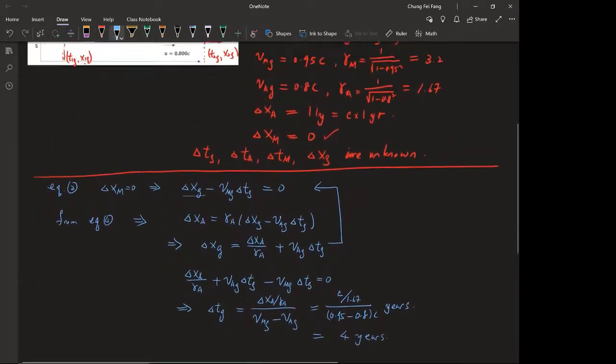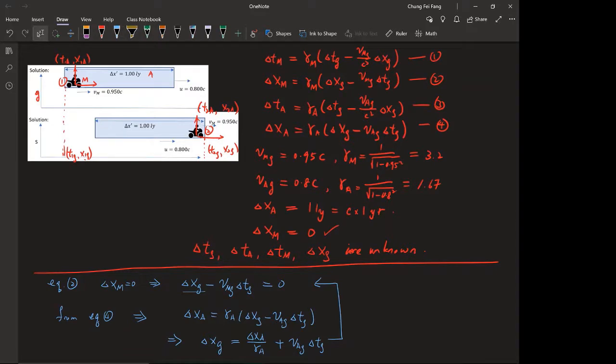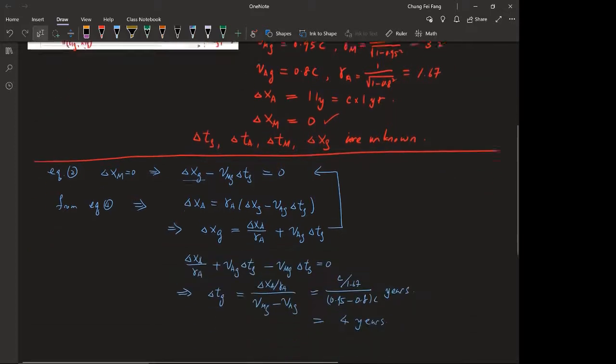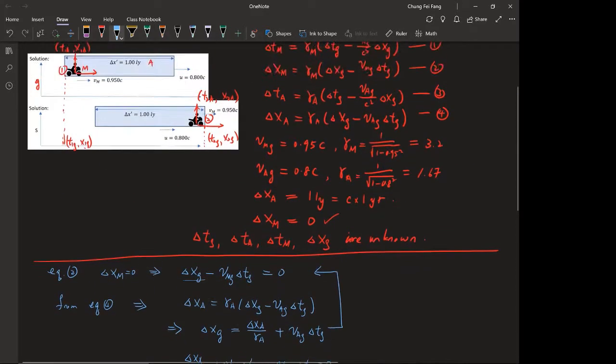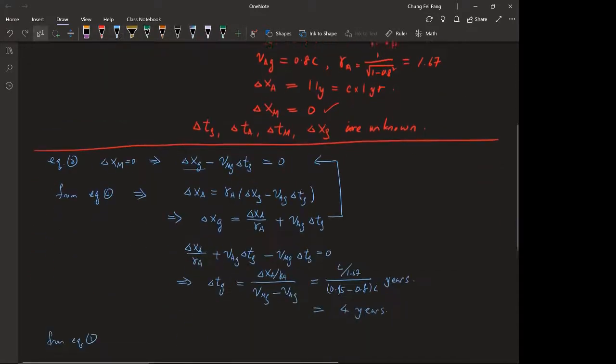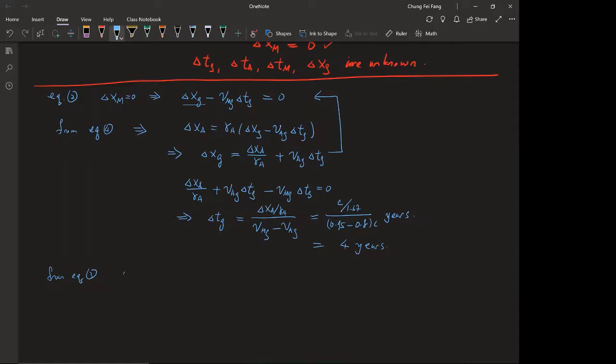Okay, next we want to solve the delta Ta. From equation 3, the equation 3 is here. We have delta Ta is equal to gamma a times delta tg minus vag over c squared times delta xg.